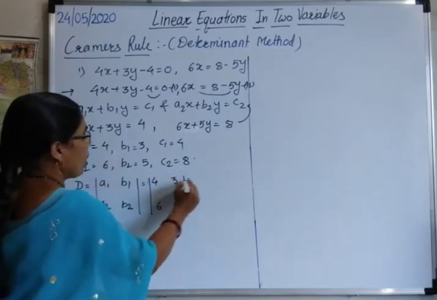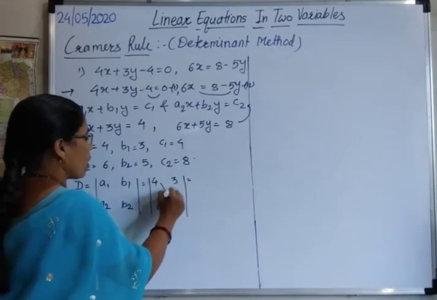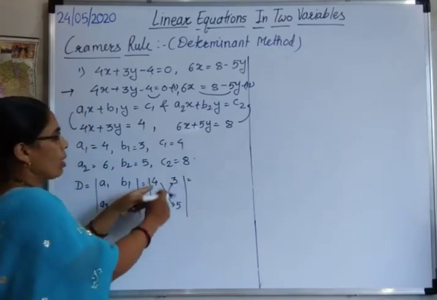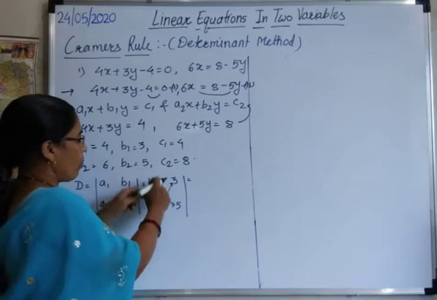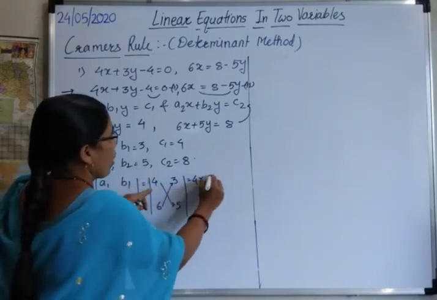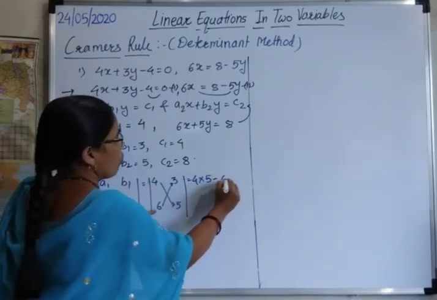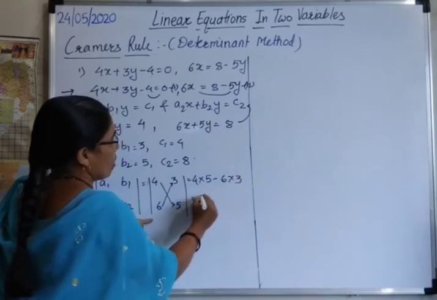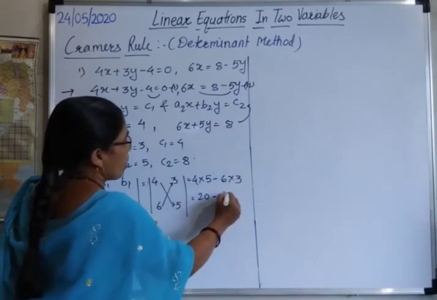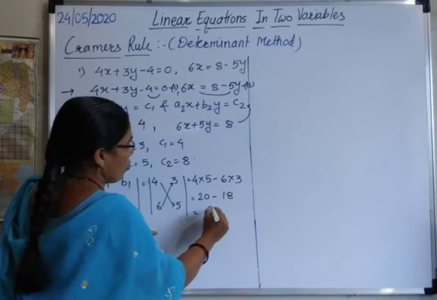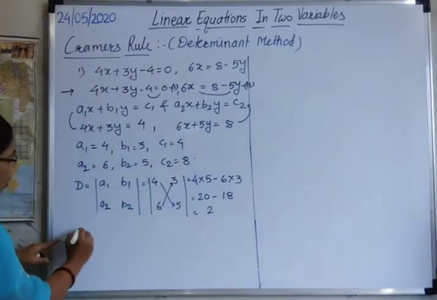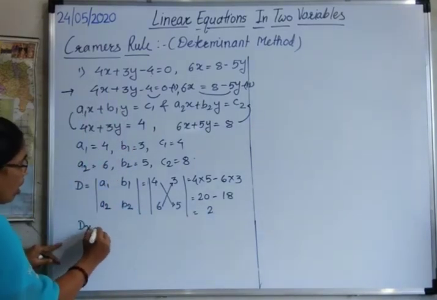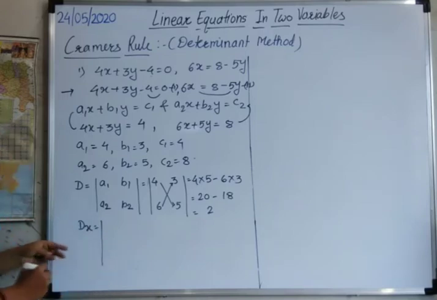Then we have to do the cross multiplication. First you have to start from the left side, 4 into 5 minus 6 into 3, which is equal to 20 minus 18, which is equal to 2.